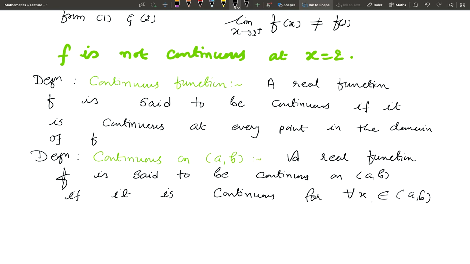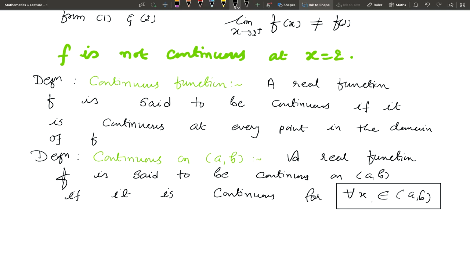So this is the definition of continuous function on open interval a comma b.